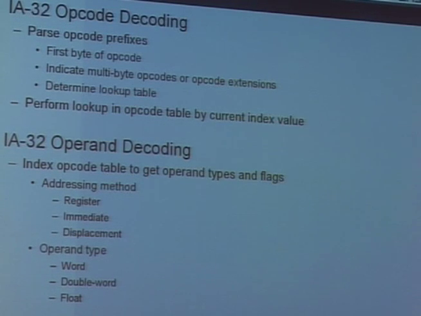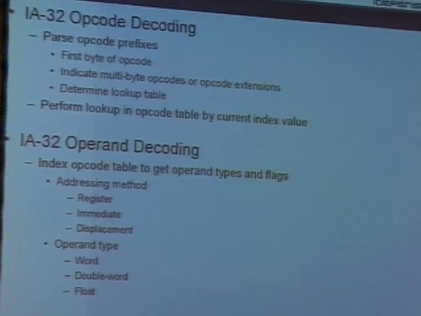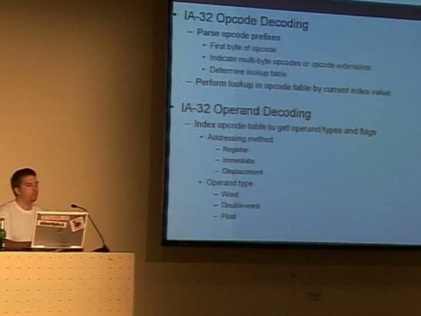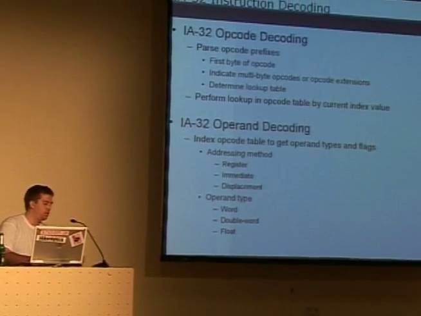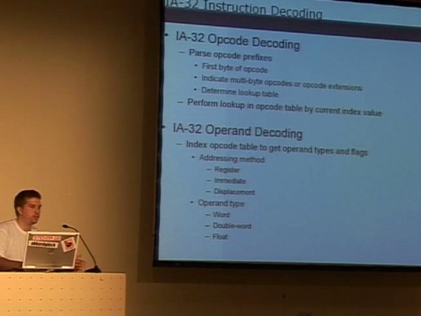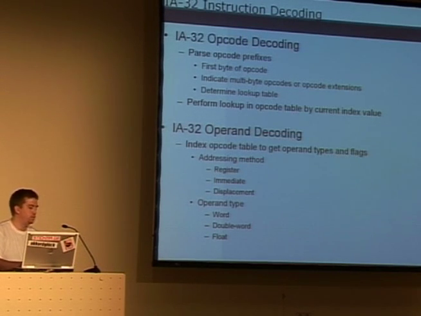So to break it down a little bit, you parse the opcode prefix by first looking at the first byte of the instruction that you're currently decoding. Multi-byte opcodes will still have the first byte being one of 0 through 255, and depending on which one it is, there will be significant opcodes that say, okay, this one is actually the beginning of a 2-byte opcode or a 3-byte opcode.